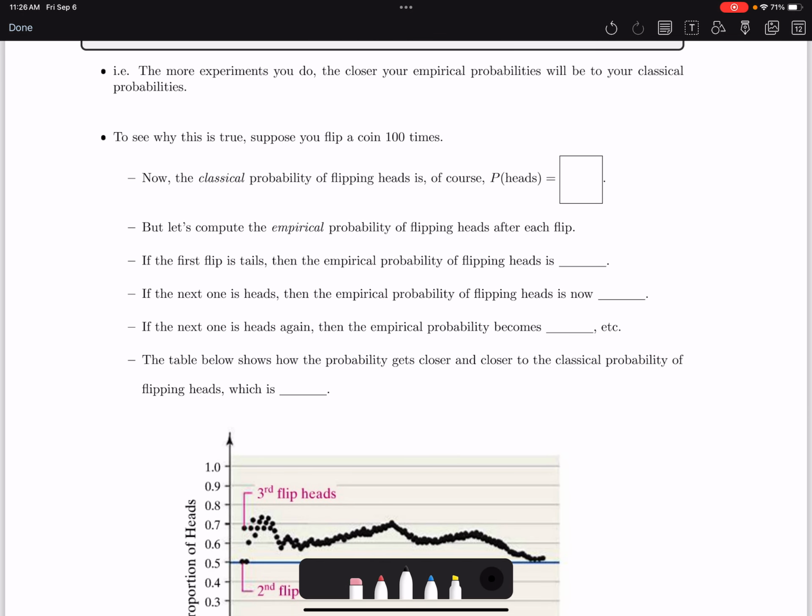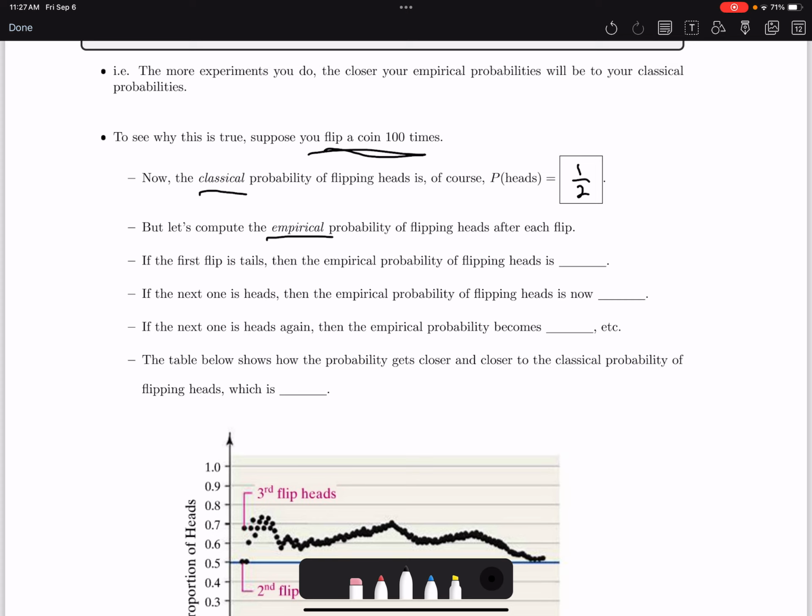Let's suppose that you flip a coin 100 times, okay? Now we know going into this that the classical probability of flipping heads is 1/2, right? There are two outcomes on a coin, heads or tails. One of them is heads, right? So probability of flipping heads is 1/2. But let's pretend that we compute the empirical probability of flipping heads after each flip of the coin.